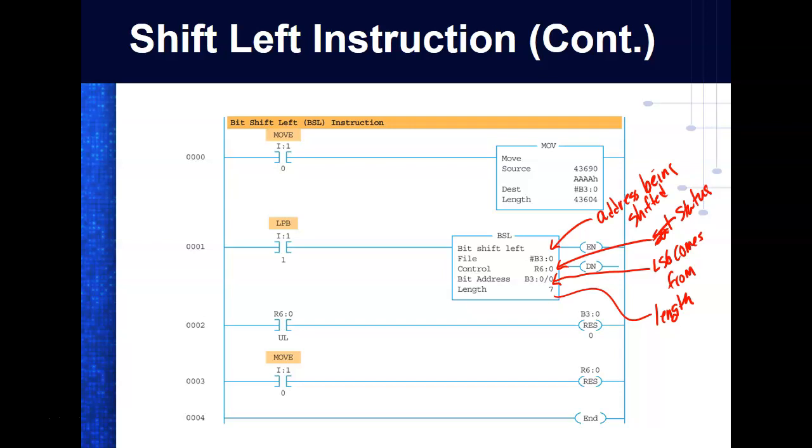This is where the bit you're shifting in comes from. This is where the least significant bit comes from. And then 7 is the length. How many bits are you going to allow it to shift? And how many bits can you shift? A lot. The most significant would shift into the UL.